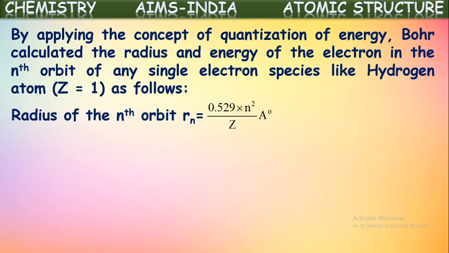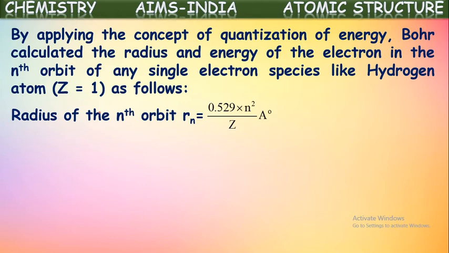For example, the radius of the nth orbit can be calculated by using the formula: radius of nth orbit r is equal to 0.529 into n square by Z in angstroms. This gives the radius of the orbit in which the electron is located in a single electron species.